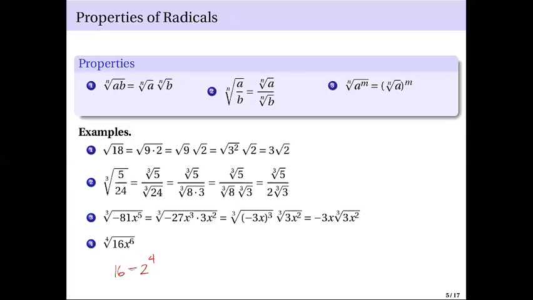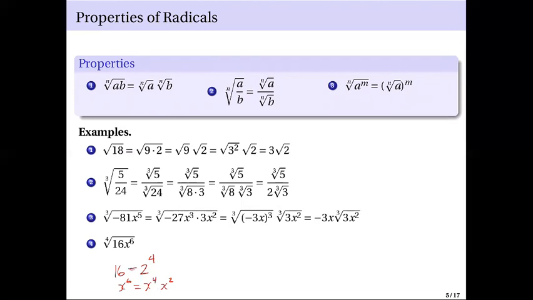Furthermore, your x to the 6, we decompose this into x to the 4 times x squared. We are using this decomposition because, again, we have the fourth power, and this gives us the fourth power. Okay?